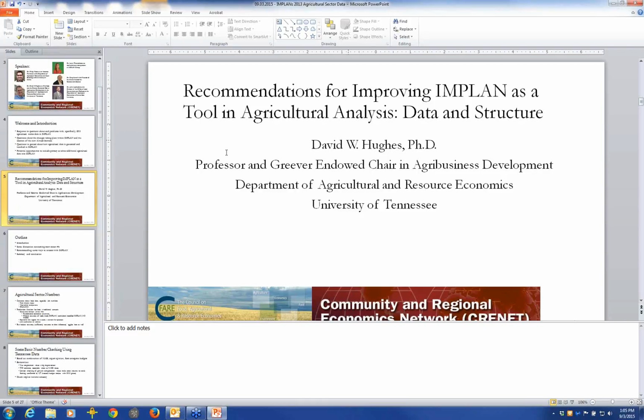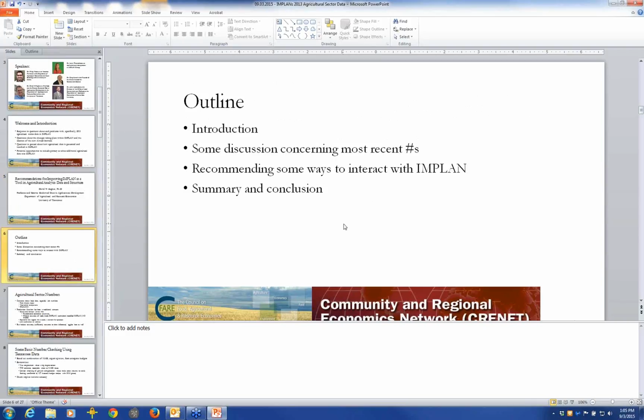I'm going to take a look at recommendations for improving IMPLAN as a tool in agricultural analysis and data structure. Just briefly, my outline: I'm going to have a little initial discussion concerning the most recent numbers, the redo or the update of the 2013 numbers that just came out recently, with the emphasis on the employment data.